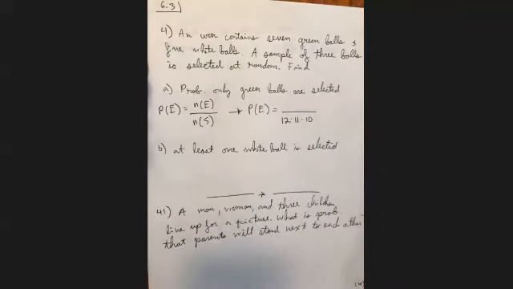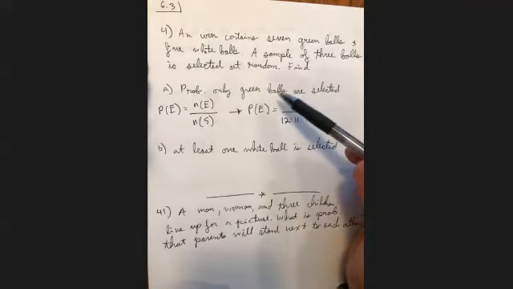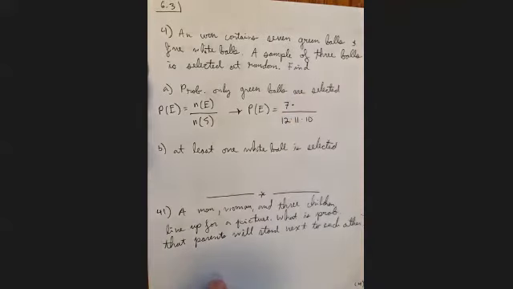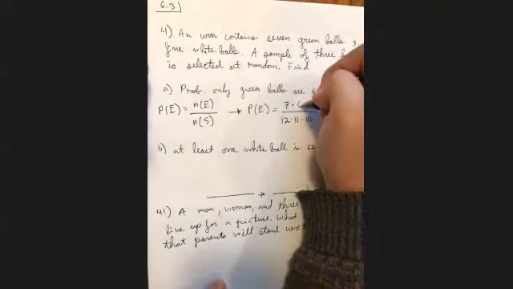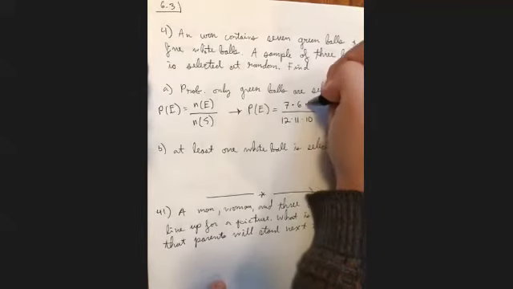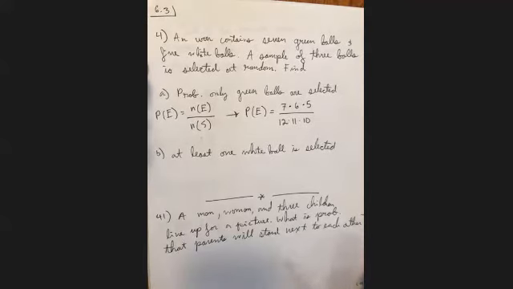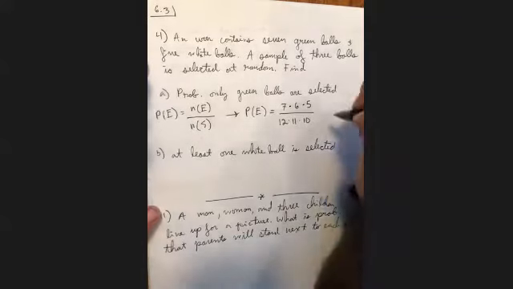How many ways are there to select 3 green balls? Well, when we select the first green ball, there are 7 green balls to choose from. When we choose the second, there are 6. And when we choose the third, there are 5. So the total number of ways of choosing 3 green balls is 7 times 6 times 5.